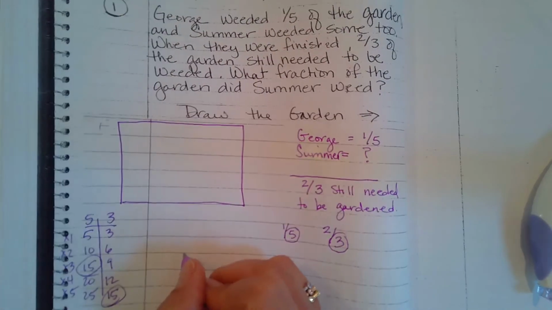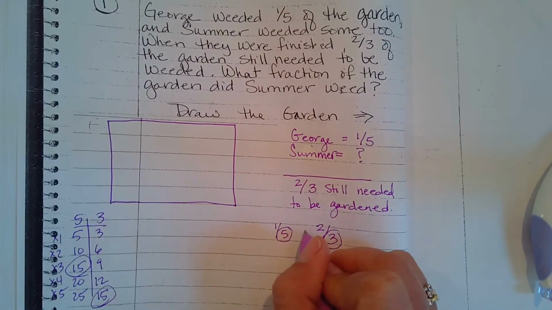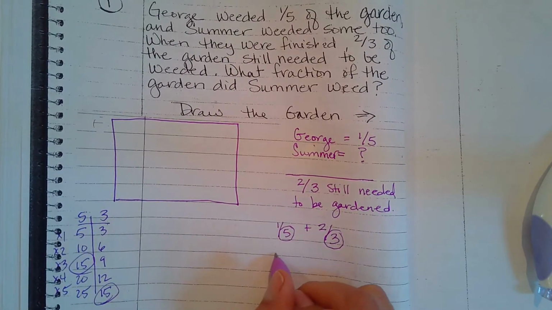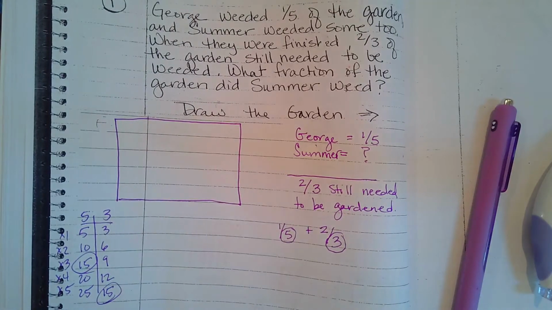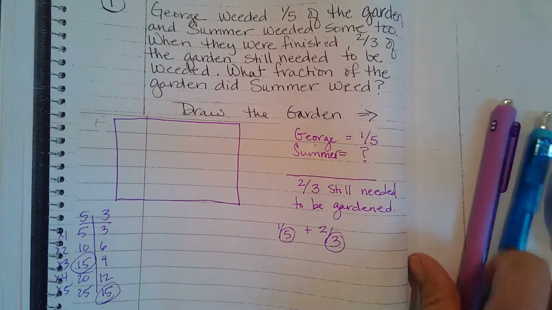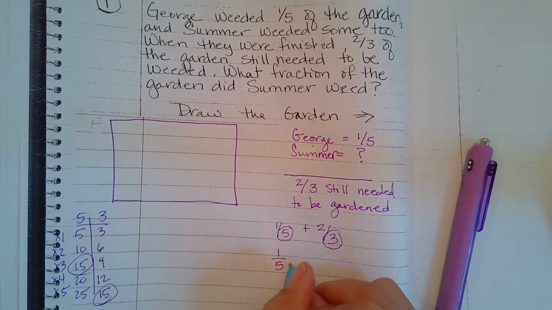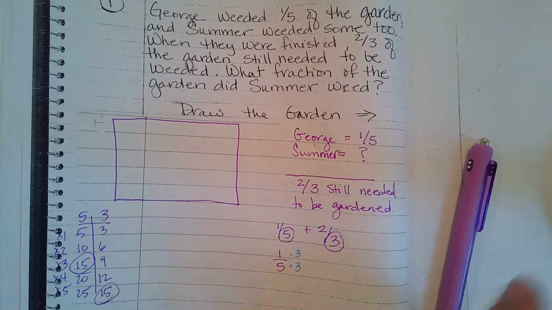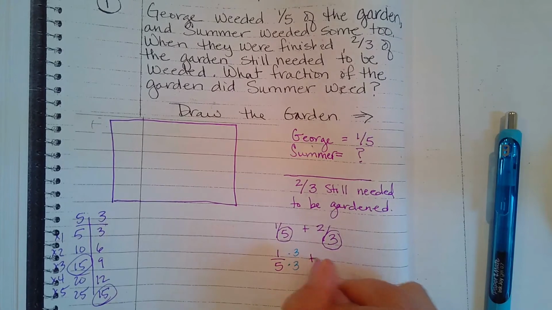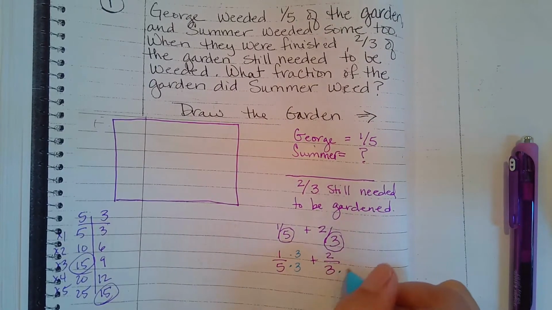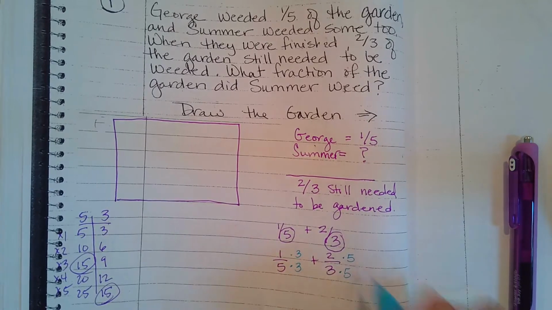Okay, so let's take 1/5 times 3 plus 2/3 times 5.